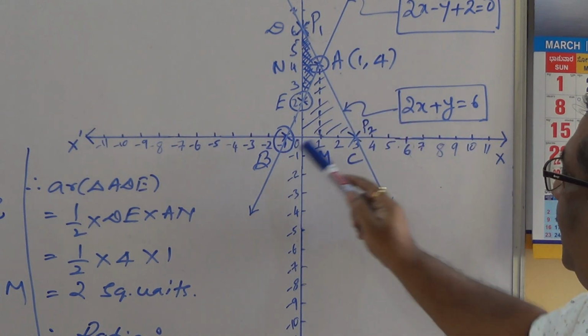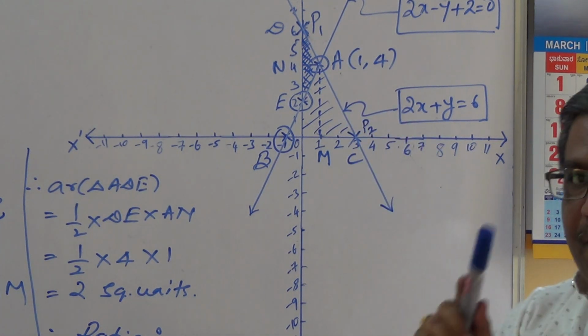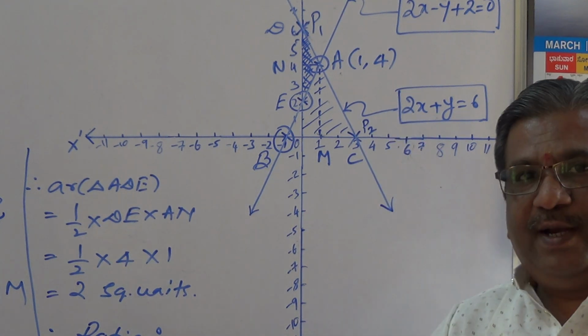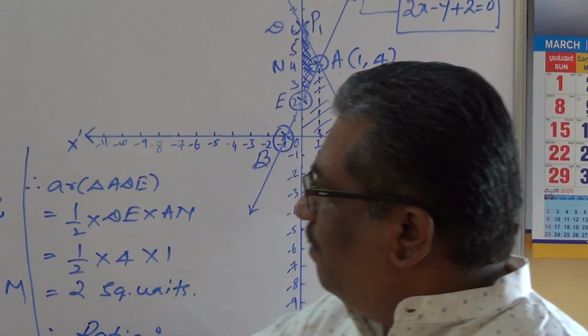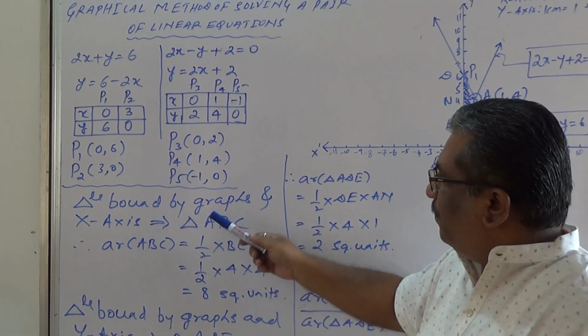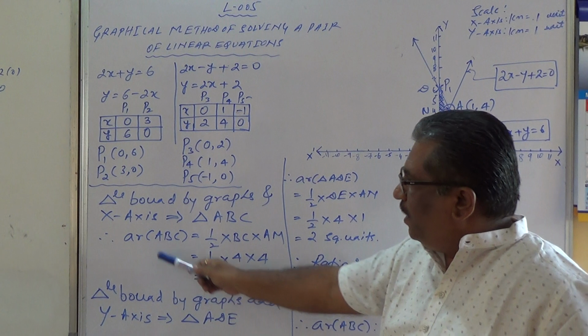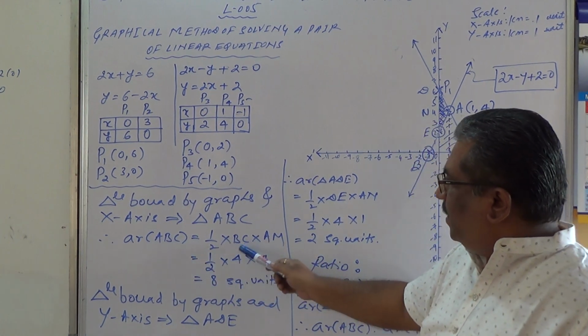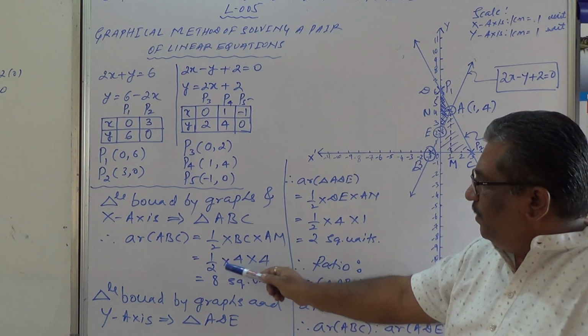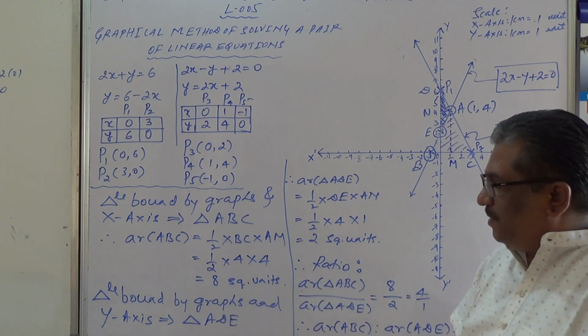So the triangle bound by the graphs and the x-axis is triangle ABC. Area of triangle ABC is equal to half into BC into AM. So half into 4 into 4, 8 square units.